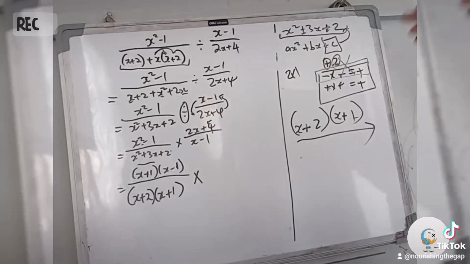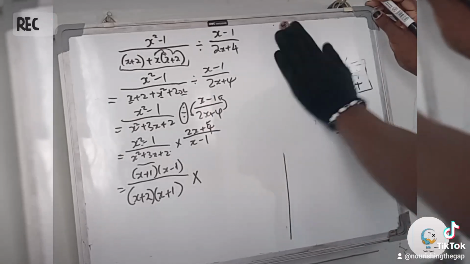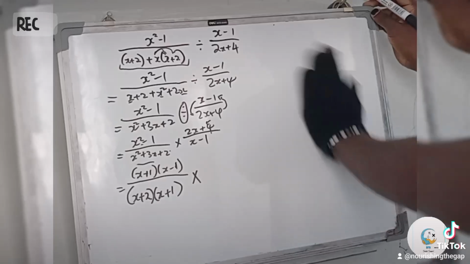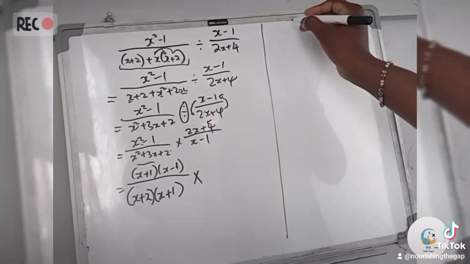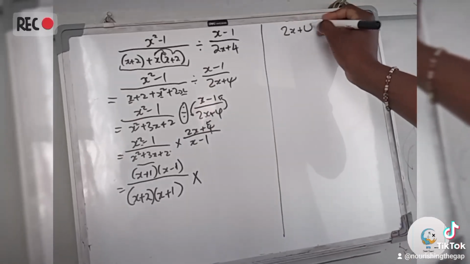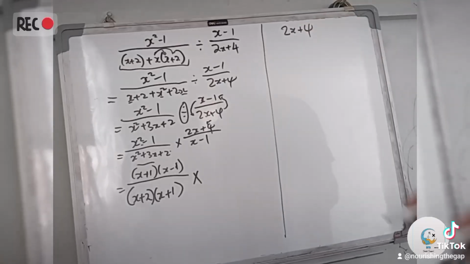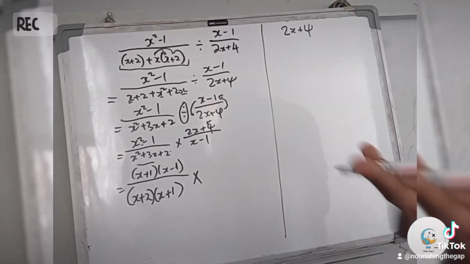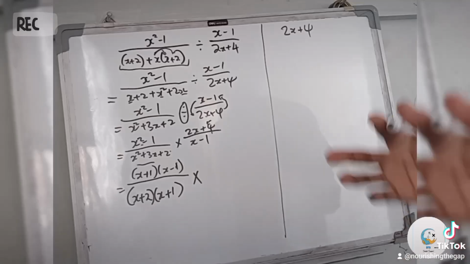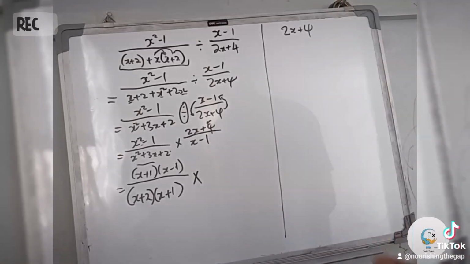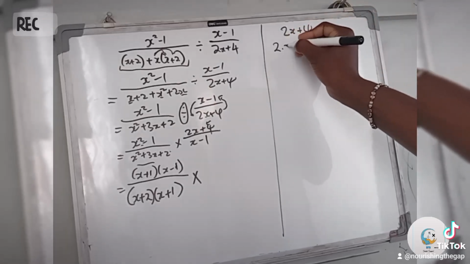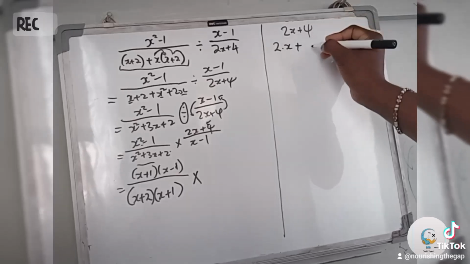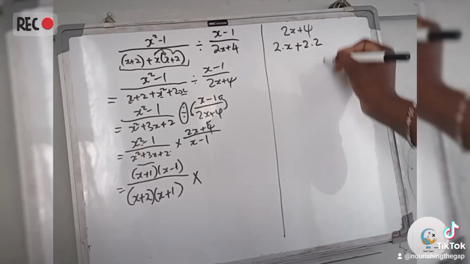There's also the other fraction that can be factorized. We are having a binomial term, 2x plus 4. I'm just trying to help you revise factorization. The simple way to factorize this kind of binomial term is to break it down. 2x is 2 multiplied by x, and 4 is 2 multiplied by 2.